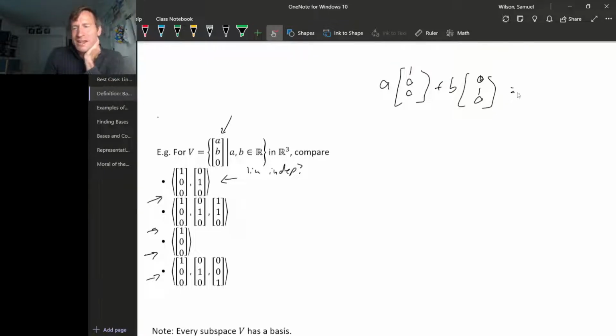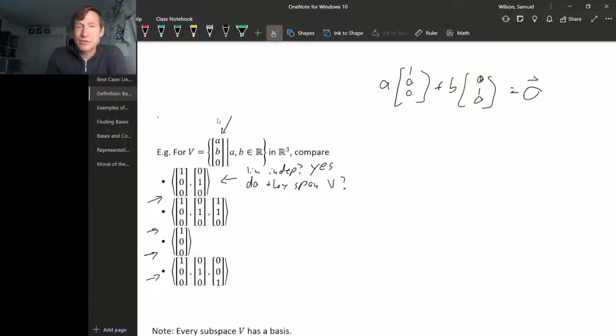But, again, when we have only two vectors, we can just ask, are they multiples of each other? And clearly they're not in this case. So yes, these are linearly independent. And now we need to ask ourselves, do they span V? And probably you might be able to see that the answer here is yes.